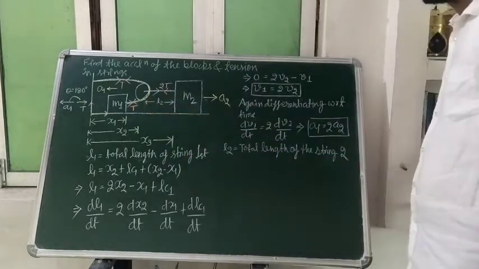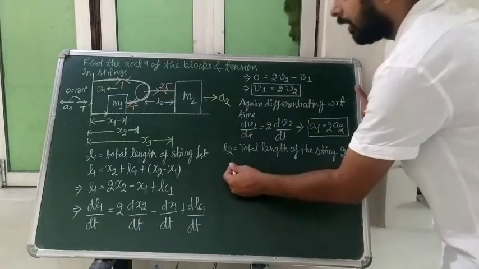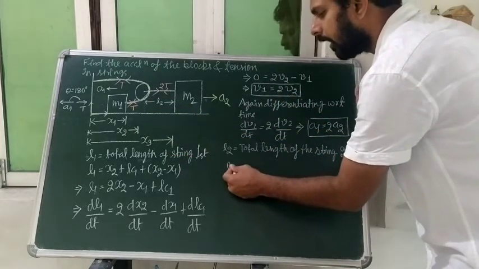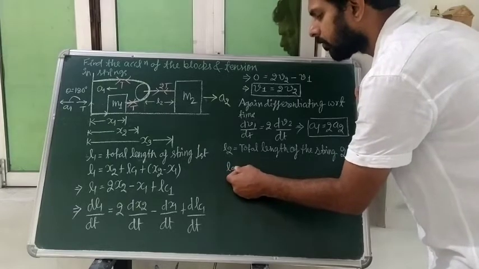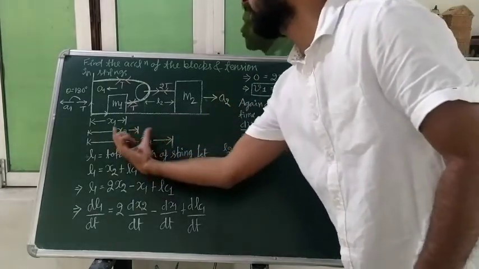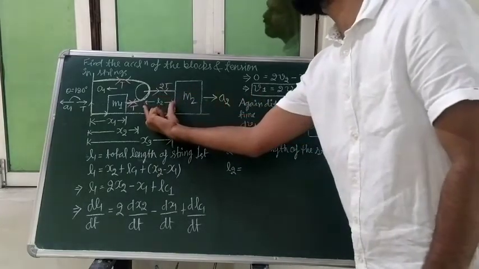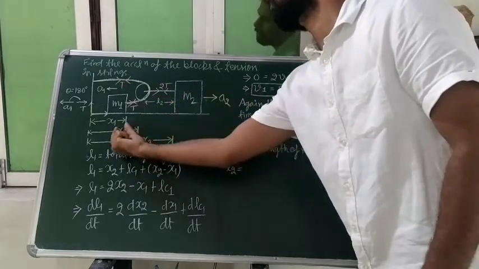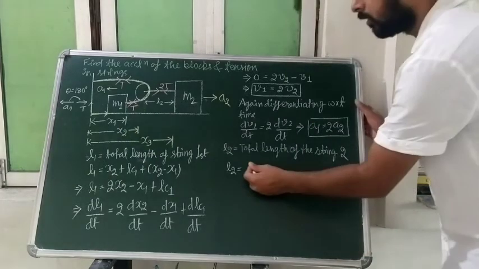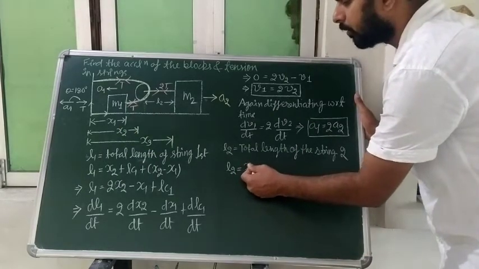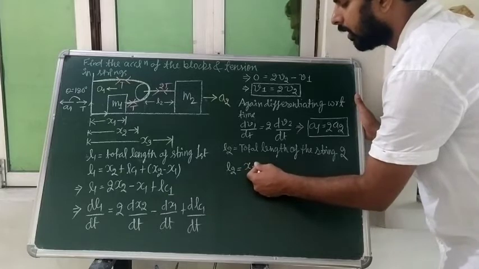So students, how can I write this L2? This L2 will be equal to x3 minus x2, isn't it? This L2 distance I can write as x3 minus x2.